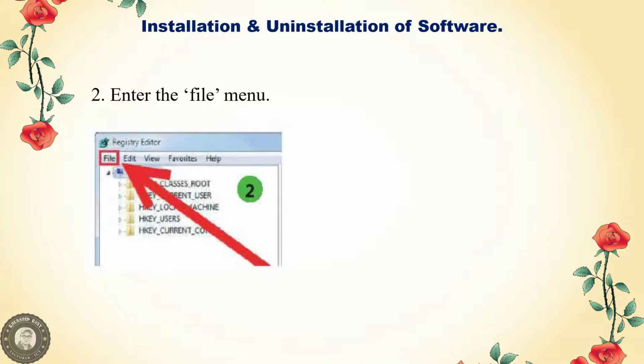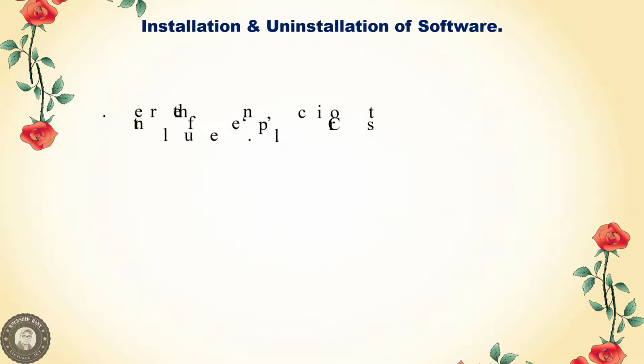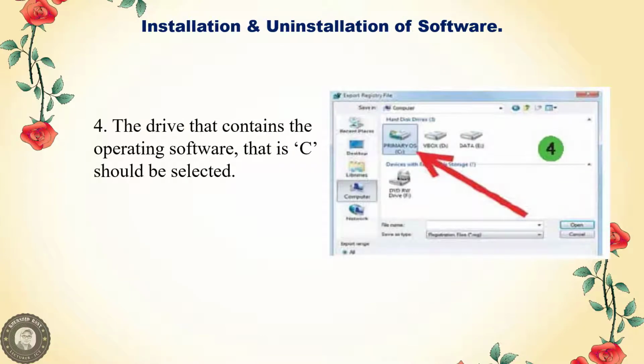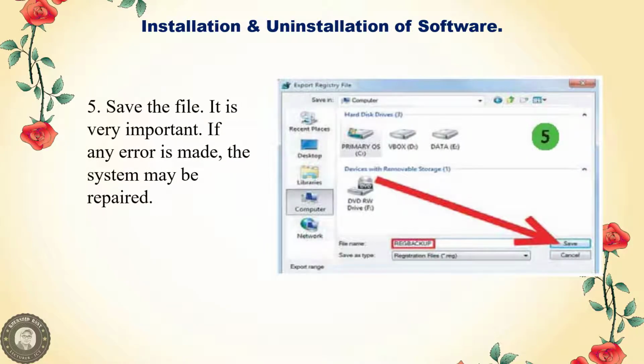Enter the file menu, then click on Export. The drive that contains the operating software, that is C, should be selected. Save the file. It is very important. If any error is made, the system may be repaired.